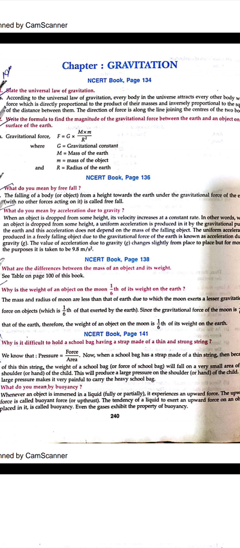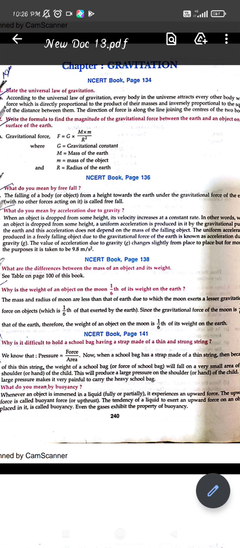So from here we have told about the gravitational constant. From there we can say that the universal law of gravitation tells us that every body in the universe attracts every other body present in the universe with a force, and this force is directly proportional to the product of the masses and inversely proportional to the square of the distance between them.